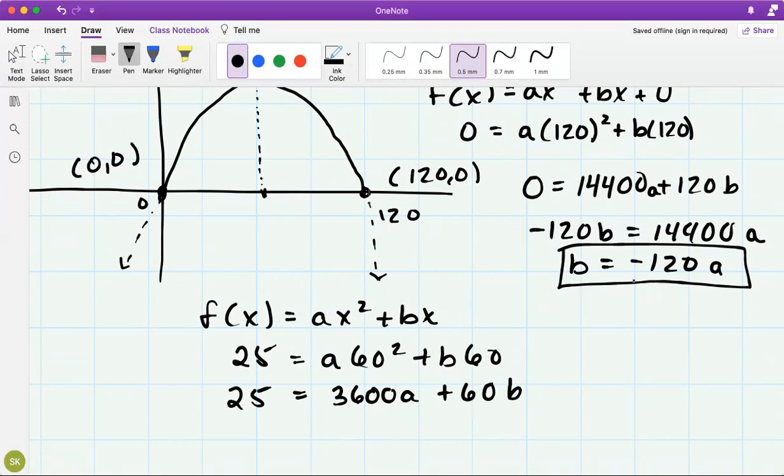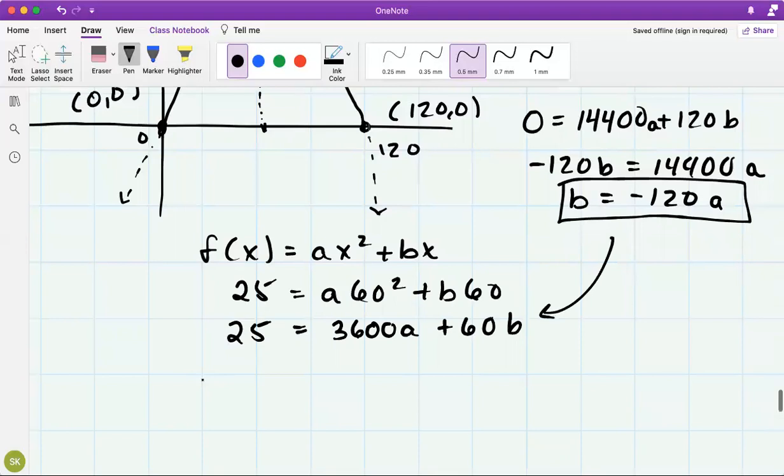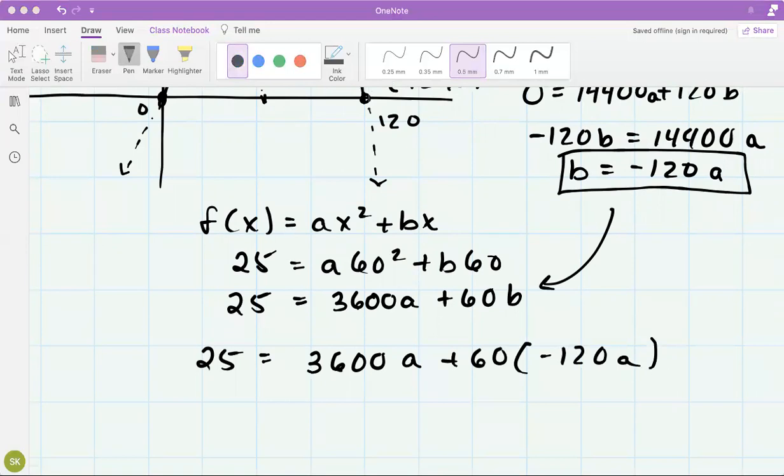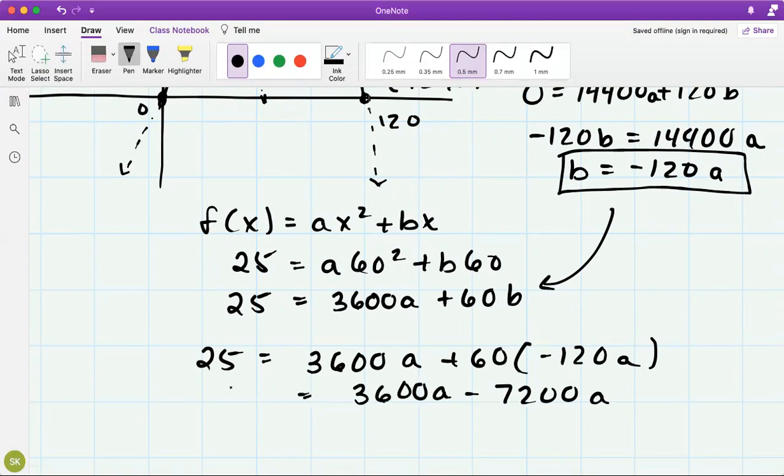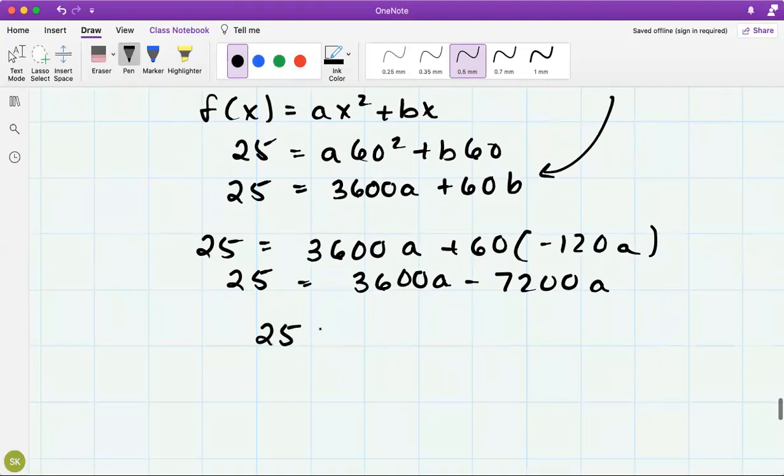Because b is negative 120a, I can plug that in here. So I have 25 equals 3600a plus 60 times negative 120a. Let's multiply 60 and 120. We get 7,200, so this is minus 7,200a. 3,600a minus 7,200a gives negative 3,600a, so 25 is negative 3,600a.